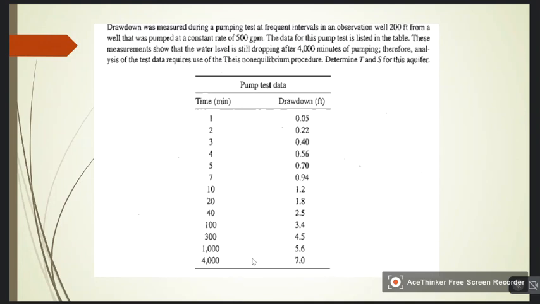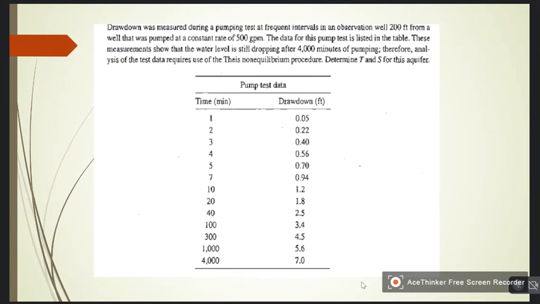Better use meter cube per minute because here the time is in minutes. And drawdown you convert to meters. So once you note this problem, I will proceed to the next method and you have to work out this problem and submit to me.